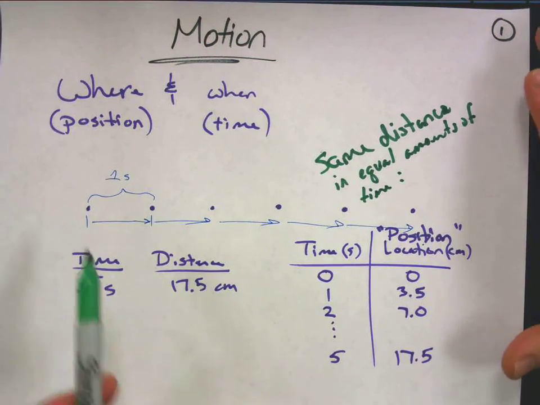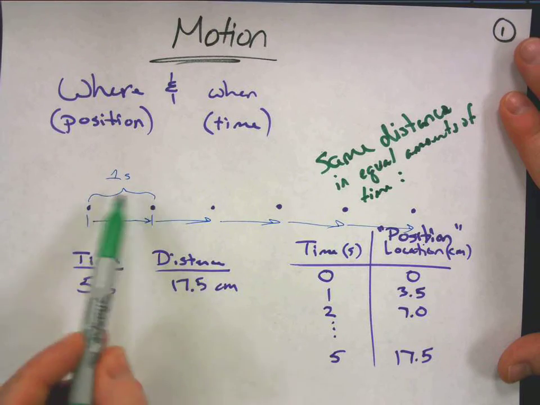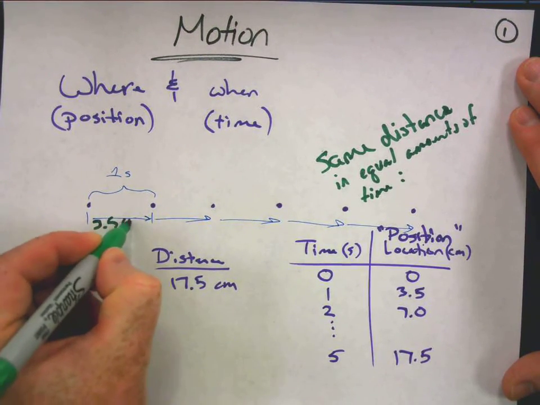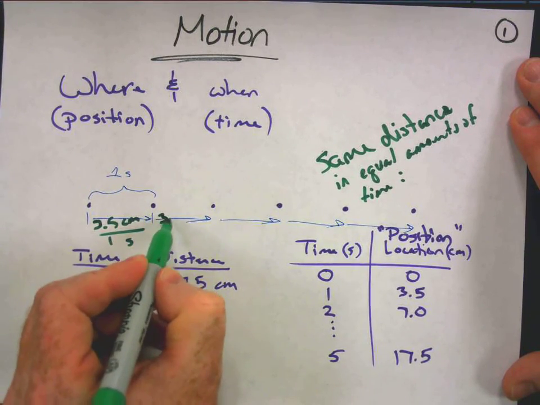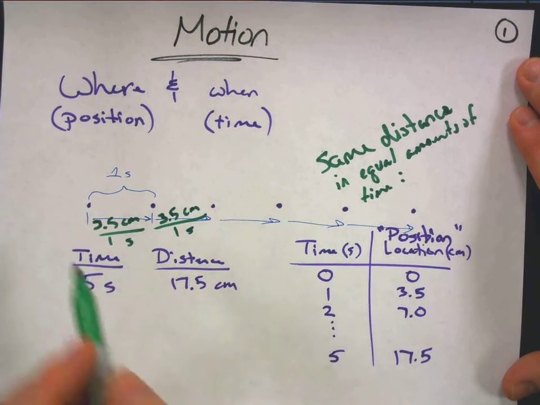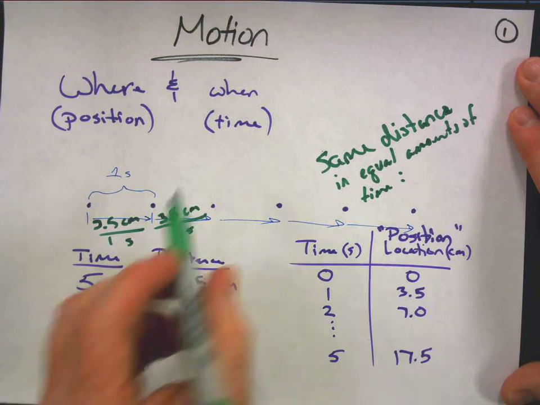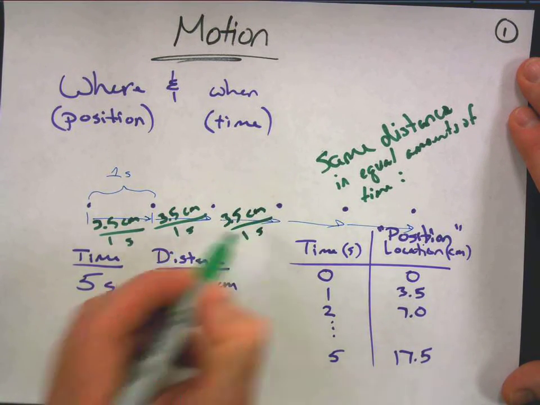So what does that mean? So let's see, 3.5 centimeters in 1 second. And here's another 3.5 centimeters in 1 second. What I'm doing here is a distance divided by a time. 3.5 centimeters in 1 second, right?